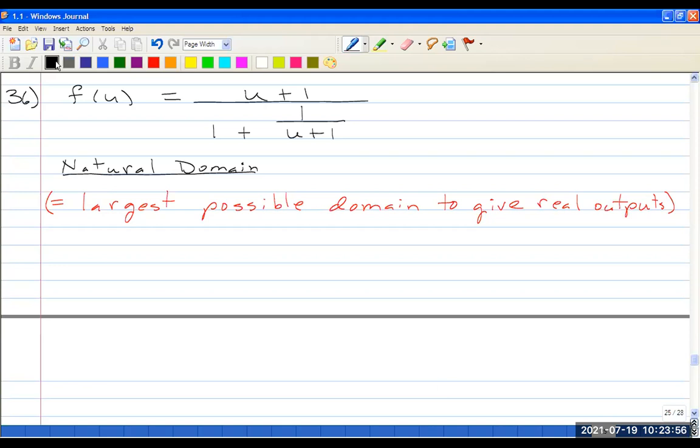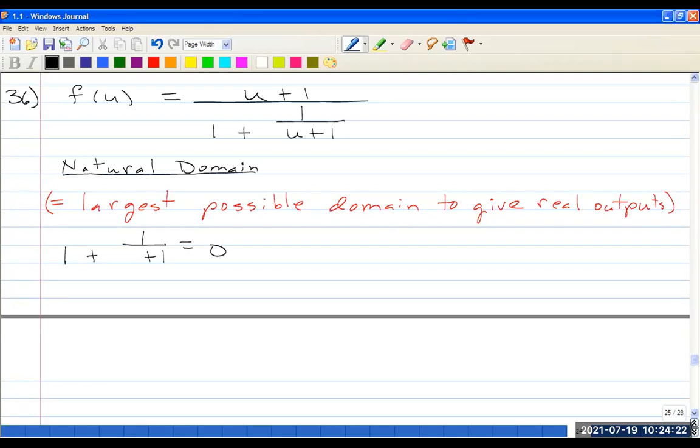So really, I only have to be concerned with dividing by 0. So I don't want my denominator to equal 0. Actually, this should say not equal, but I'll say equal to 0 and then change it to not equal at the end. So I don't want 1 plus 1 over u plus 1 to equal 0.